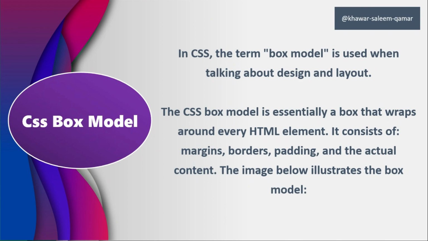After this, we are going to talk about a very important topic for learning the style of elements in CSS, and that topic is the box model. It is used actually to talk about the design and layout of our elements. It consists of the content, the actual content of the element, and the margin, border and padding.